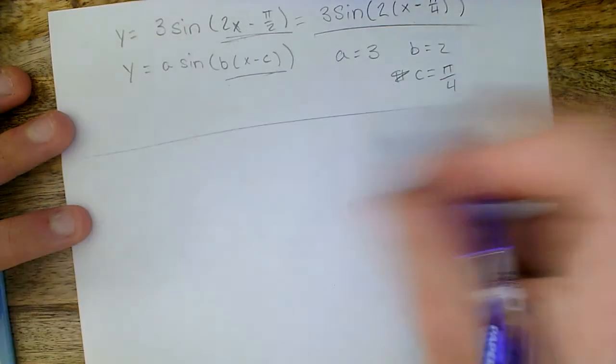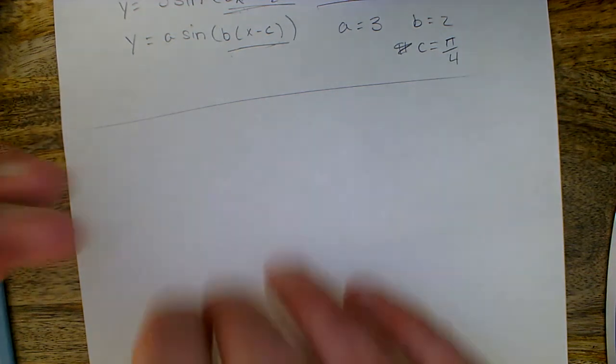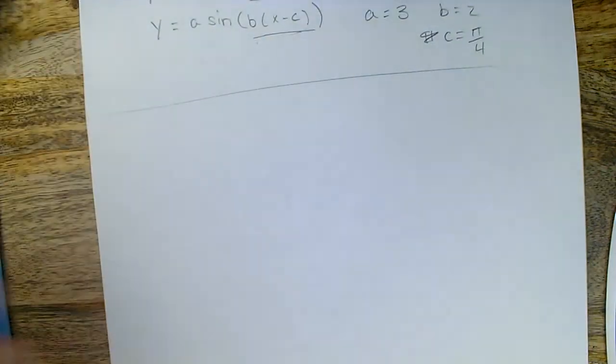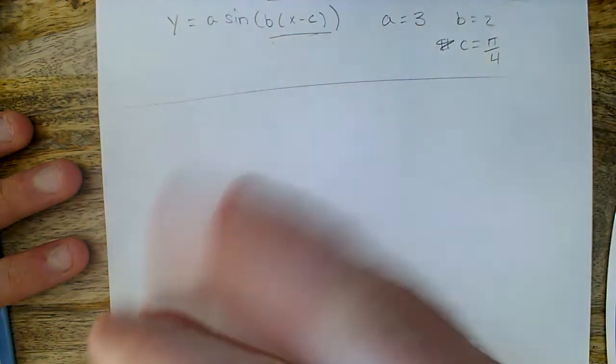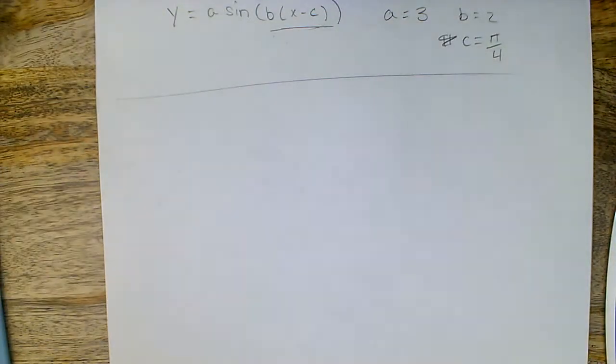Okay, the last thing I'd like to show you is, we've talked about horizontal stretching and compressing, vertical stretching and compressing, and also phase shifting from left to right. So now we need to learn how to move our sine and cosine graphs vertically up and down.